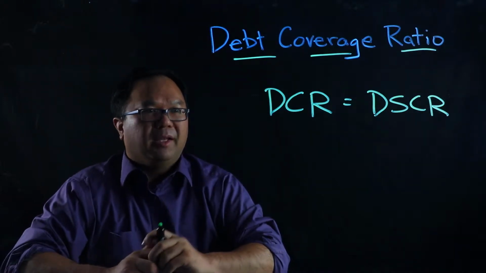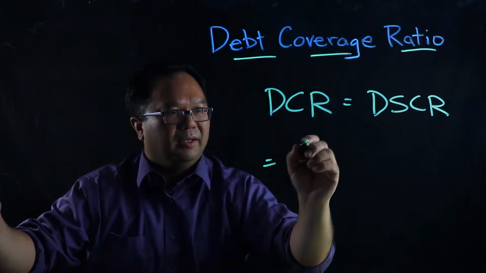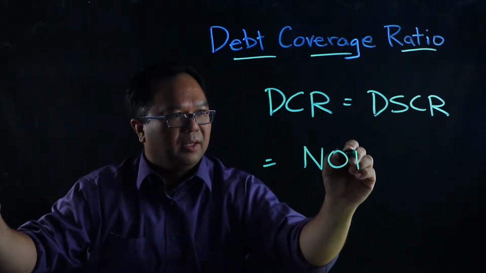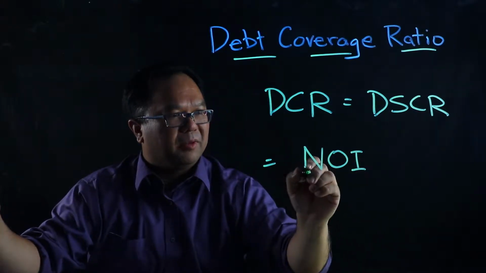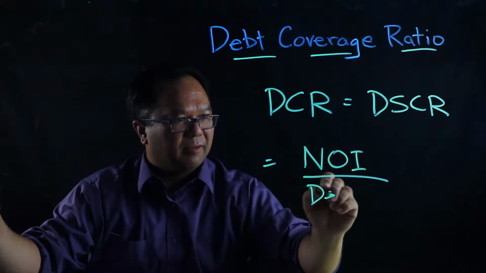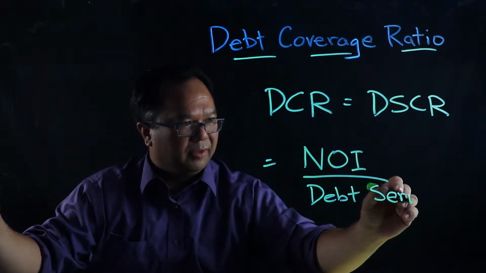So the formula that's used for debt coverage ratio, DCR, is the annual net operating income of the property divided by the debt service.